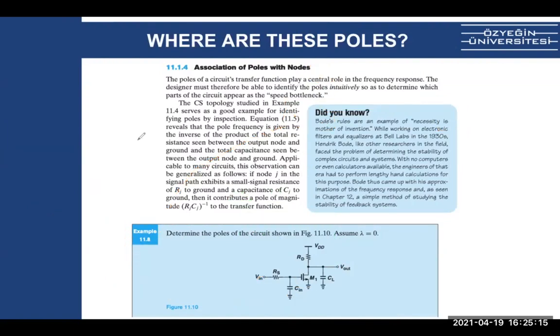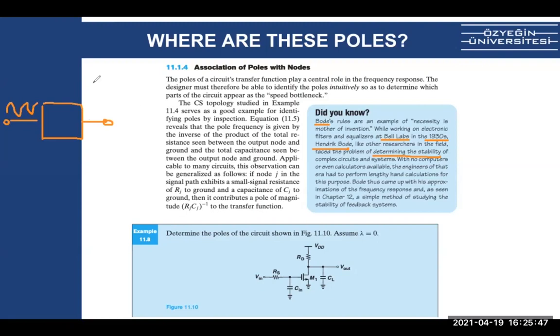And let's see. So this Bode came at the Bell Labs in the 1930s when this guy called Henrik Bode had the problem determining the stability. So when you have a circuit, when you have an input, you need to figure out if the output is stable. Right? Stable means a circuit with a certain input should provide a certain output.